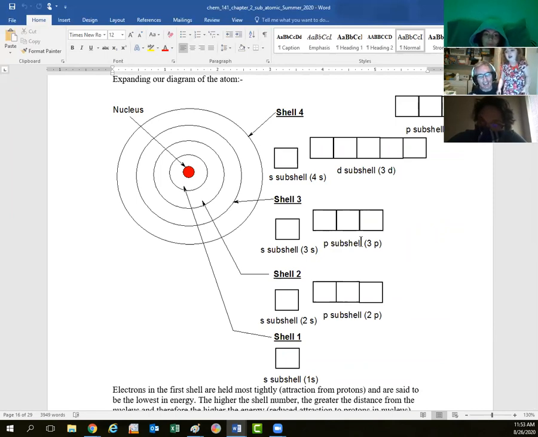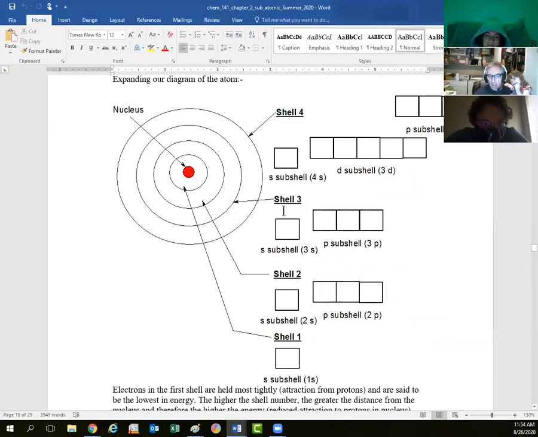So the electrons basically align themselves into layers or shells, like floors of an apartment building. And with each floor of the apartment building, there's individual apartments and there's individual rooms in each apartment.